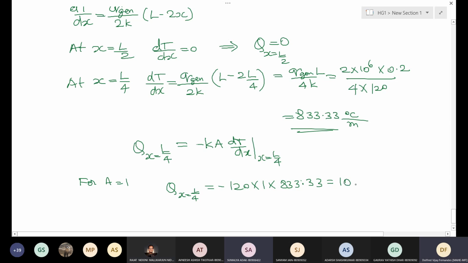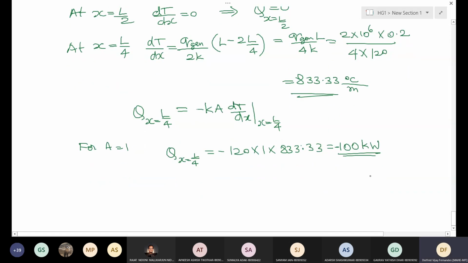Kilowatts, not joules. Okay, so watts. K is in watts per meter degree centigrade, so 100 kilowatts of heat flows at x equal to L by 4.